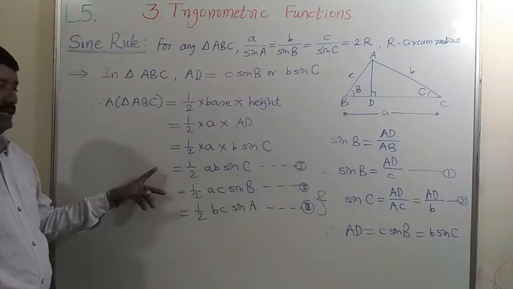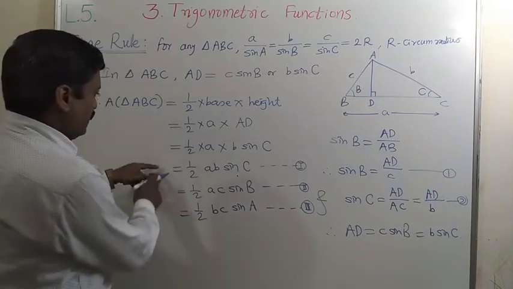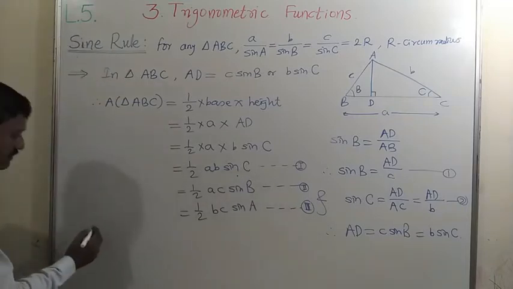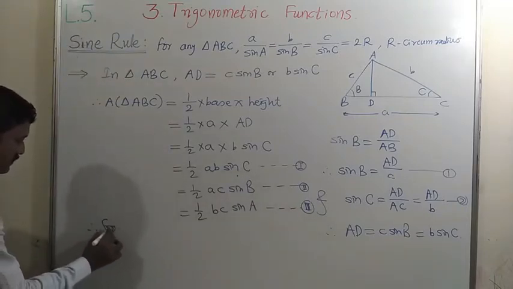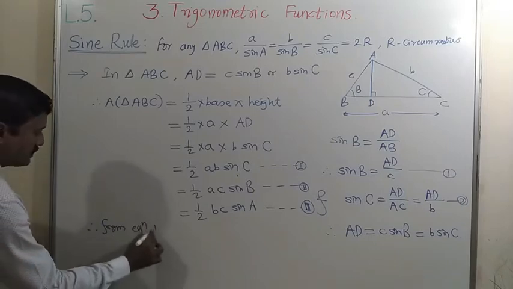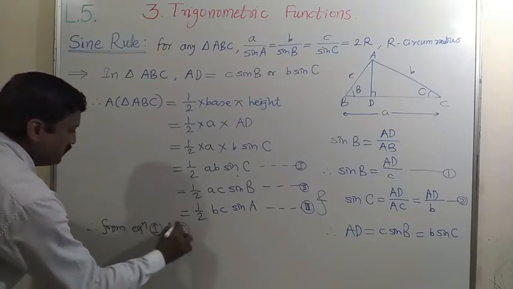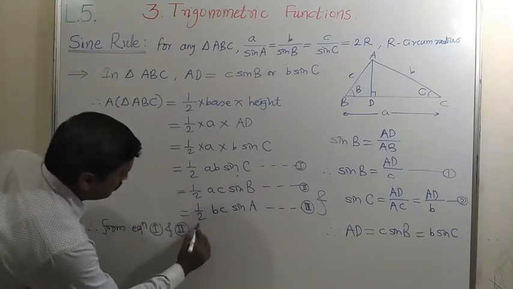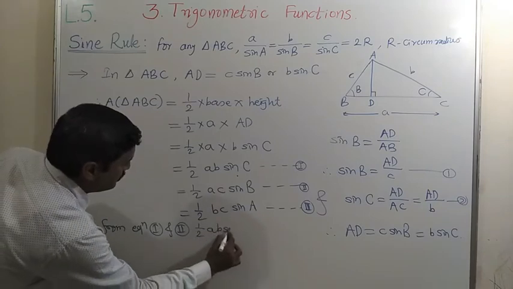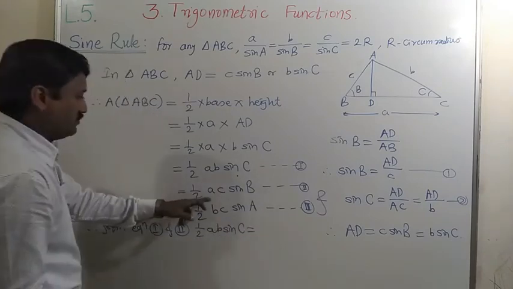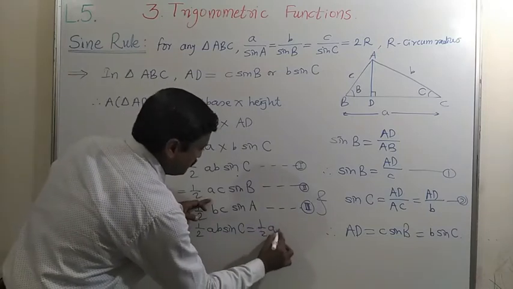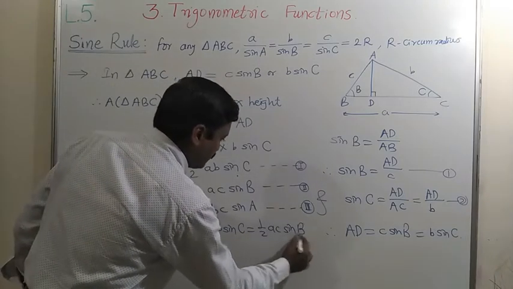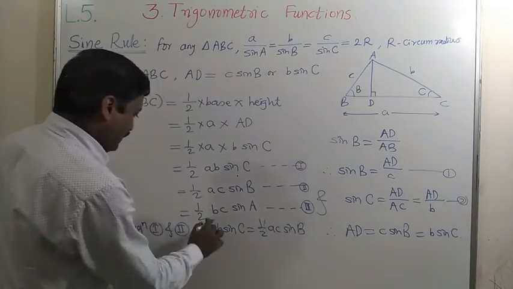If we equate any two of these equations, suppose ab sin C is equal to ac sin B, from equation 1 and 2 we get, equating these two because both are areas of triangle ABC, 1/2 ab sin C is equal to 1/2 ac sin B. Here half will cancel, a also will cancel.